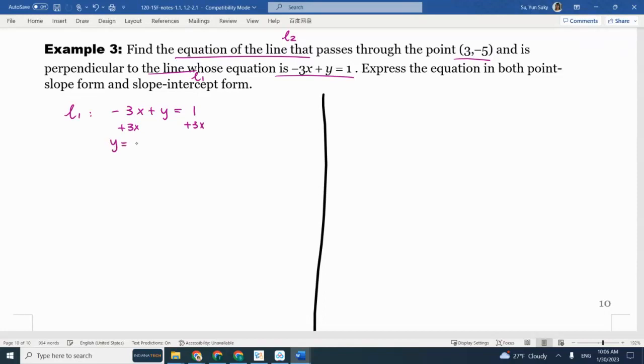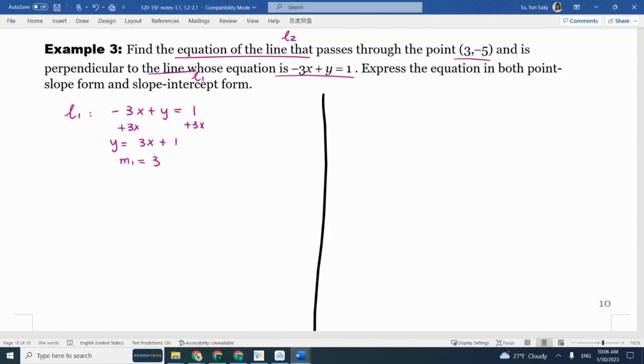Then we have y equals 3x plus 1. What is the slope? 3. Right, everybody? Don't say 3x. x is a variable. The slope is the number, the coefficient of x in the slope-intercept form.